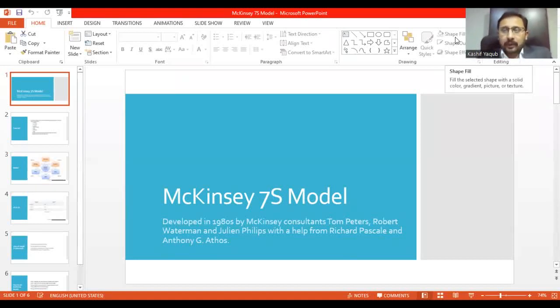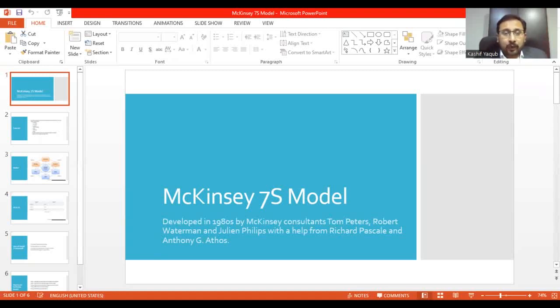So, the McKinsey model was developed in the 1980s by McKinsey consultants Tom Peters, Robert Waterman, and Julien Phillips with the help of Richard Pascale and Anthony G. Athos. The model was created to show seven elements of the company, as I told you earlier: structure, strategy, skills, staff, style, systems, and shared values, elements which can be aligned together to achieve effectiveness in the company.